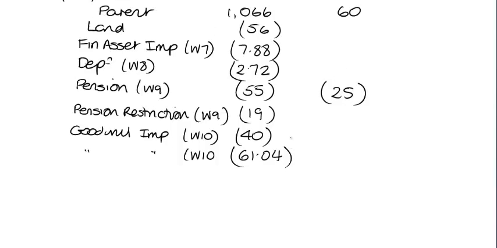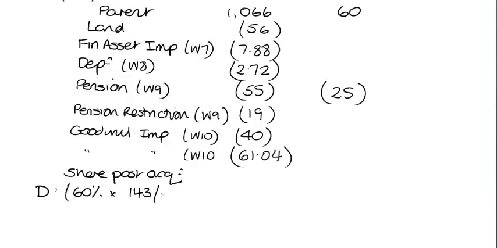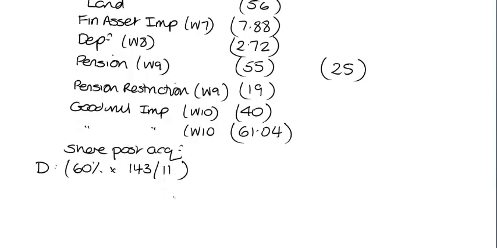We've not quite finished this. We've also got to give the group its share of post-acquisition. So for data, it's going to be 60%, but remember, we need to split that between retained earnings and other components of profit. So that gives me figures of 85.8 and 6.6.